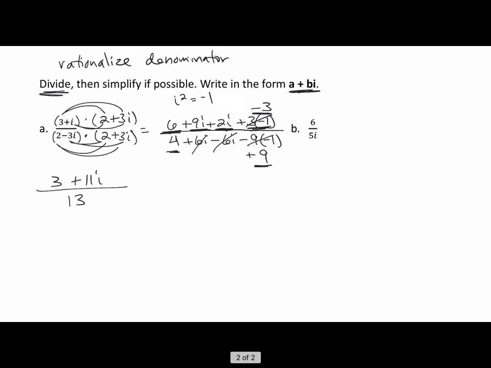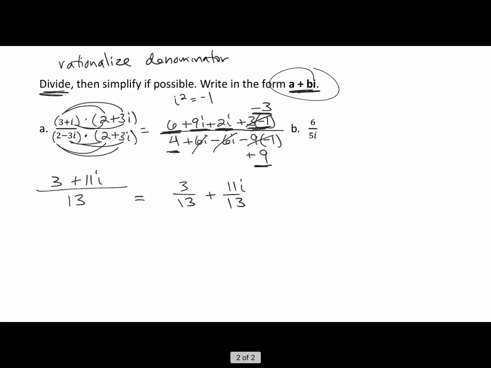So this leaves us with this number here, but remember, it's got to be written in the a plus bi form. So the first thing I'm going to do is separate each numerator over the denominator. And that's something that we did in chapter 5.6, which was division of polynomials. So we can separate each term of the numerator over that single term in the denominator.